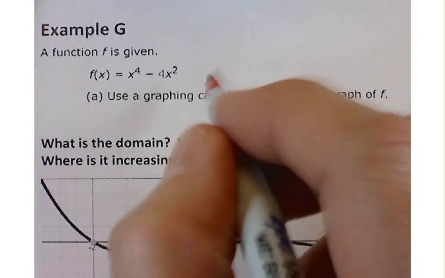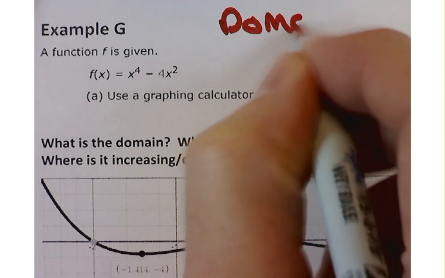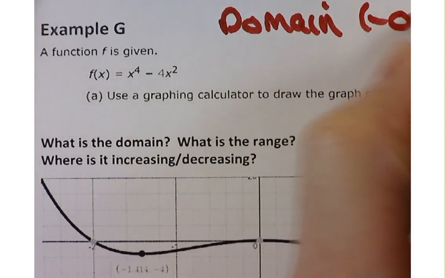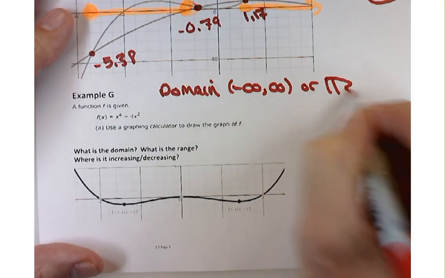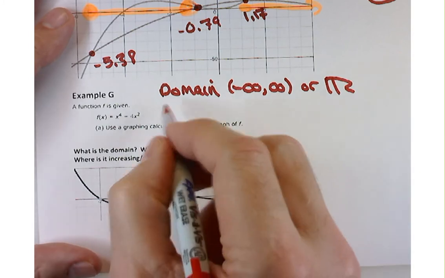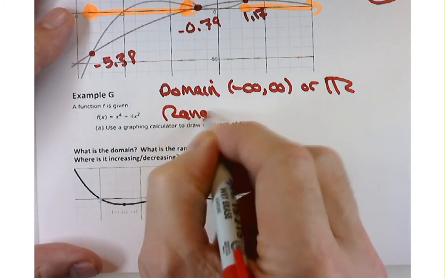So its domain is negative infinity to infinity, aka all real numbers.